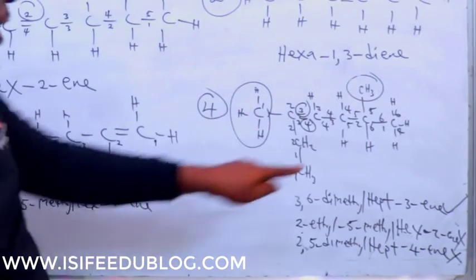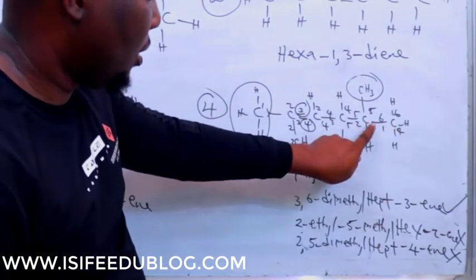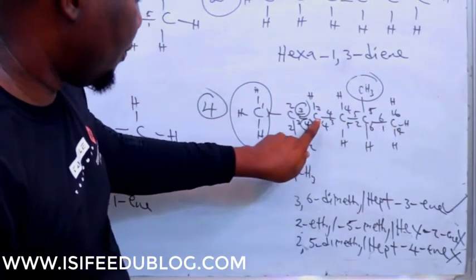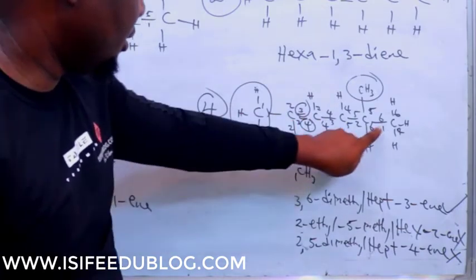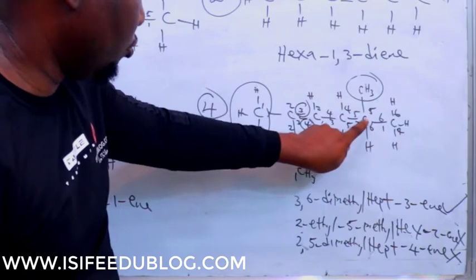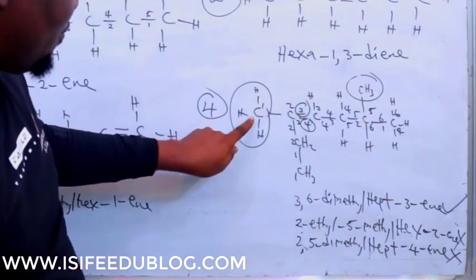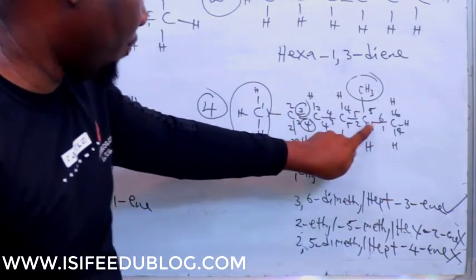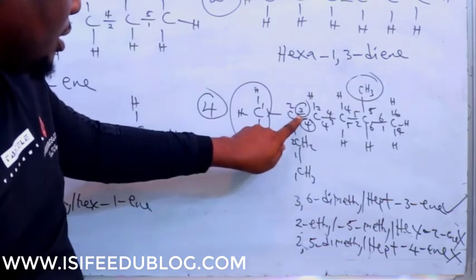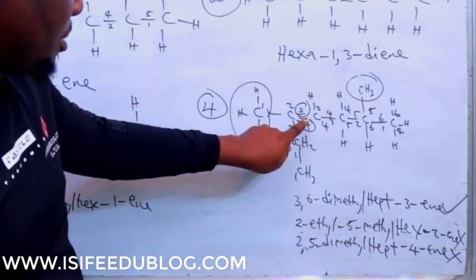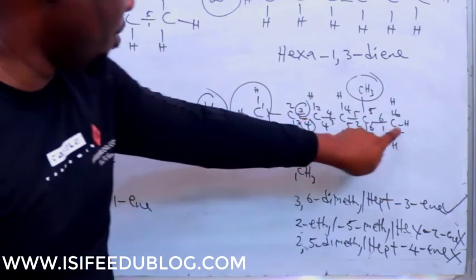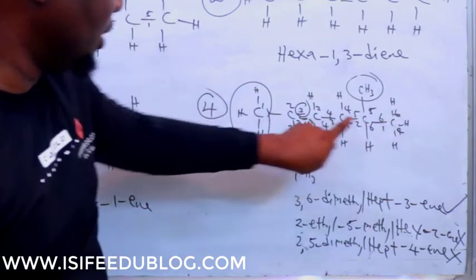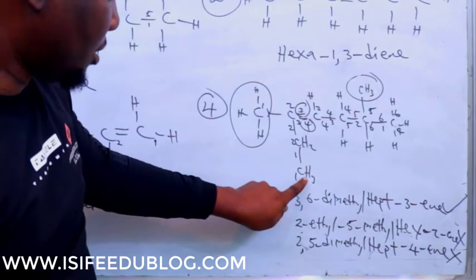This is for those that will think like this: 1, 2, 3, 4, 5, 6, 7. And then they say this is methyl, position 2, this is methyl, position 5, without knowing that coming from here, the proximity, there is distance in this bond from this carbon to this carbon is much more than from this carbon to this carbon.